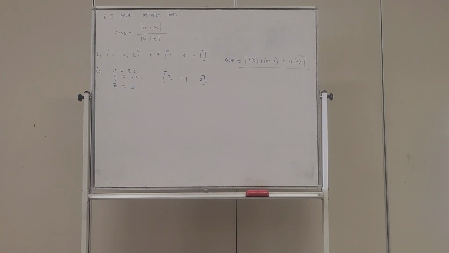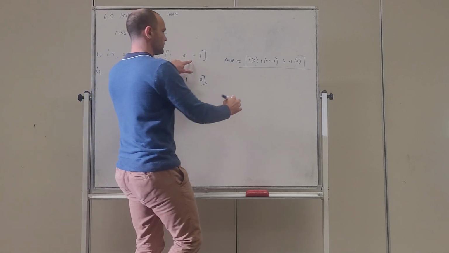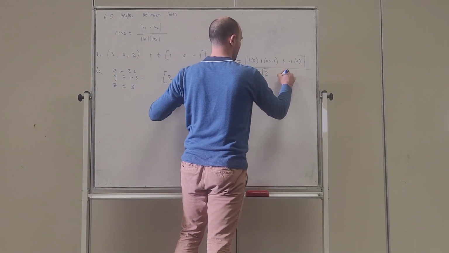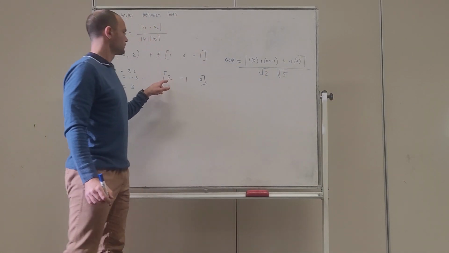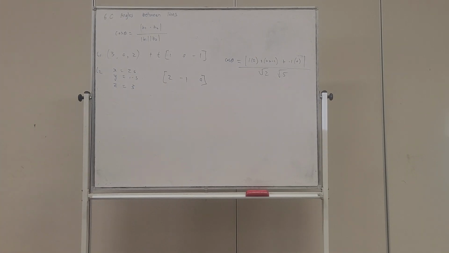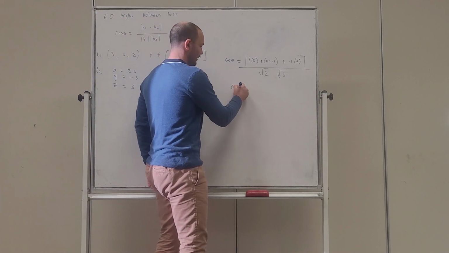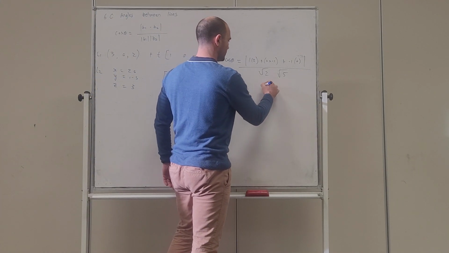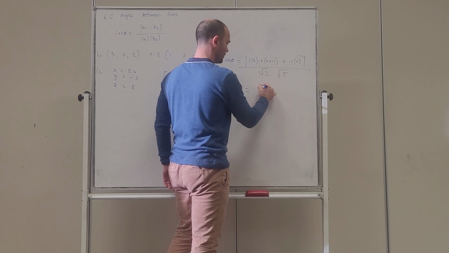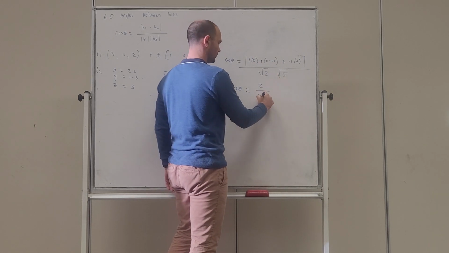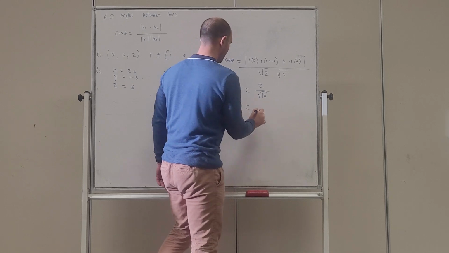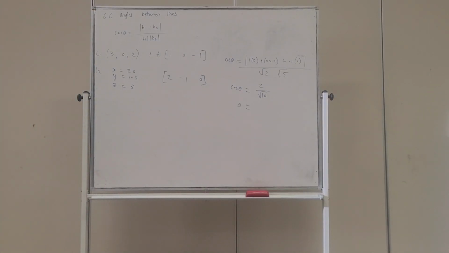And then at the bottom we have the modulus of each vector. This one will be root 2, and this one will be root 5, 2 squared plus 1 squared. Simplify that a little bit. We have cos theta is, with the modulus of 2 at the top, positive 2 on root 10, and we'll evaluate theta. In degrees or radians, it doesn't matter, but we just need to make sure we specify which one we're talking about. Let's evaluate that.